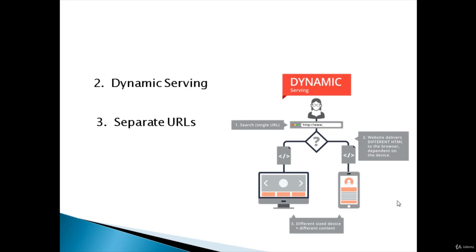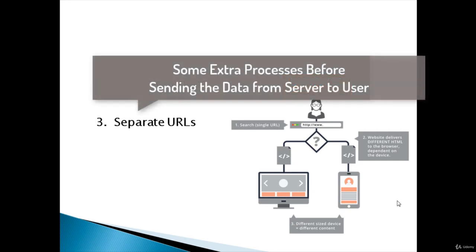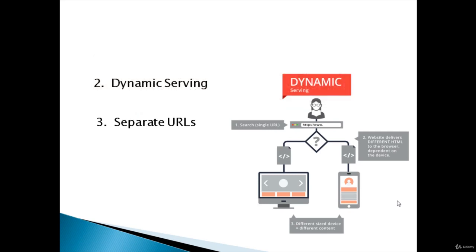The biggest problem of this option is that you need to have some processing on the content of your website before sending the data and information, and it leads to a heavy, extra load on the server, which leads to slow speed.